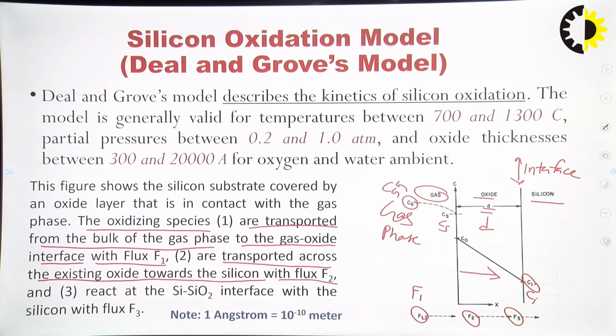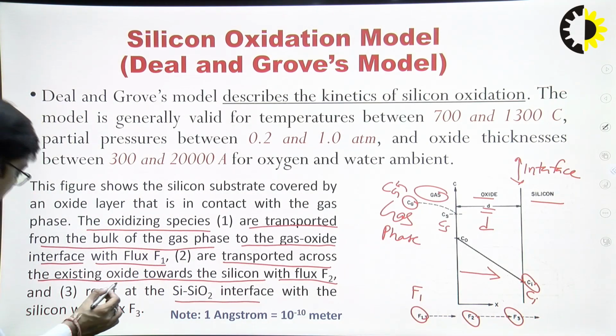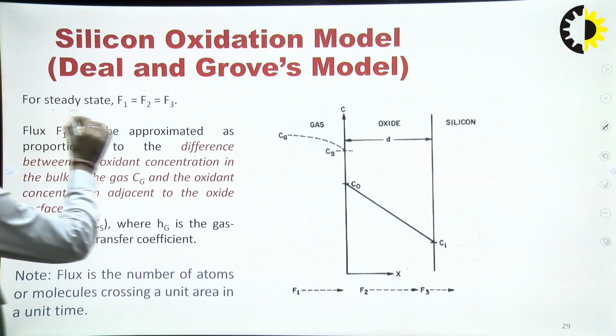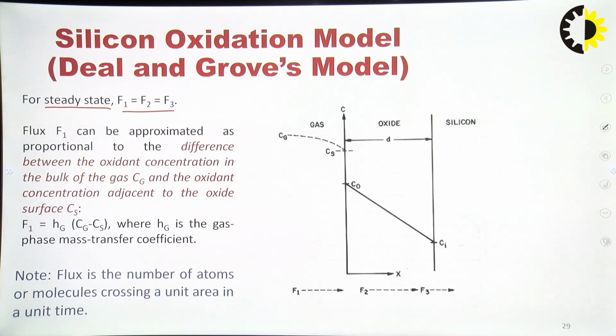At the silicon dioxide interface the reaction takes place with flux F3. For a steady state, all these fluxes must be the same: F1 equals F2 equals F3.